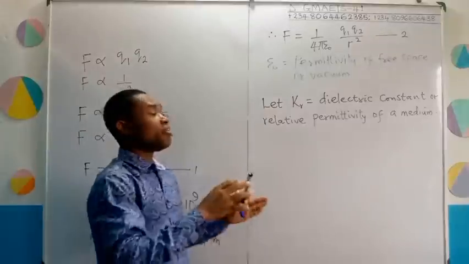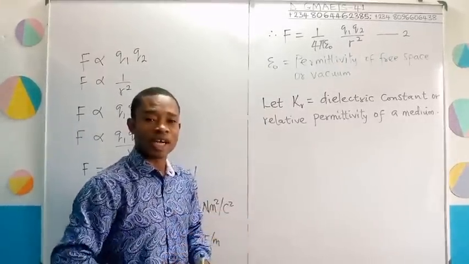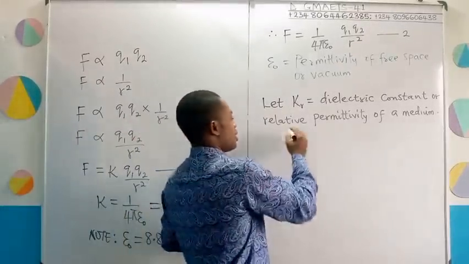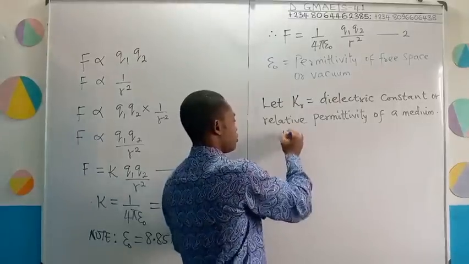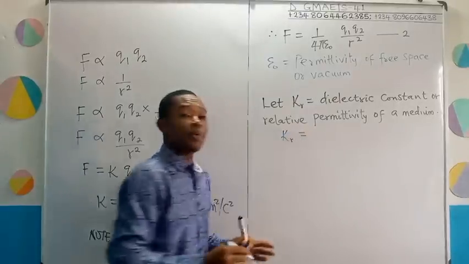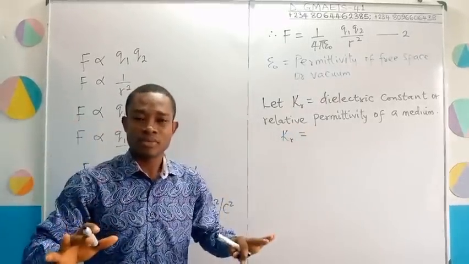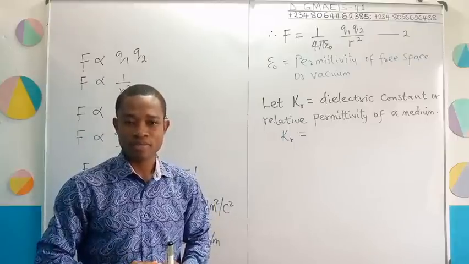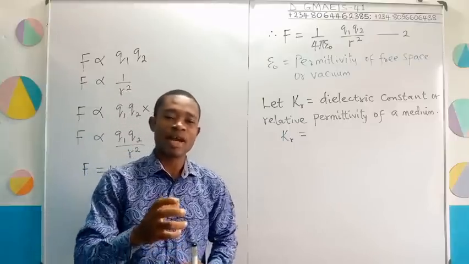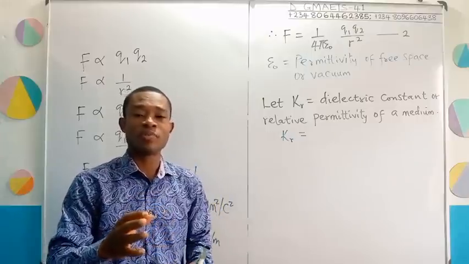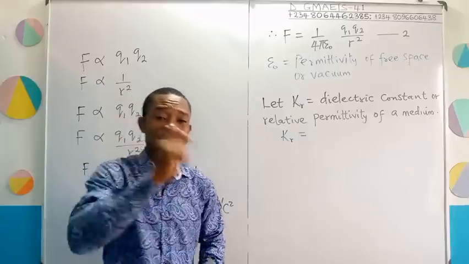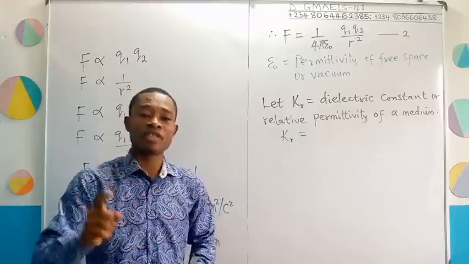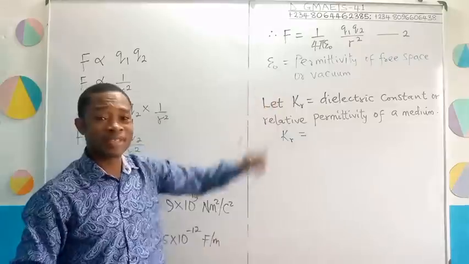Now, what is the mathematical formula for dielectric constant? K_r is giving us the permittivity of any medium divided by the permittivity of free space. So what the dielectric constant of a medium does is simply to relate the value of the permittivity of that medium to the permittivity of a vacuum, epsilon naught.